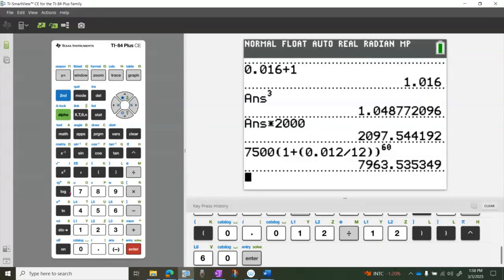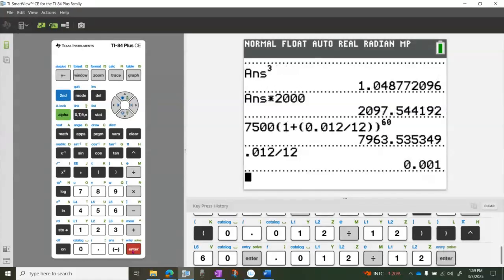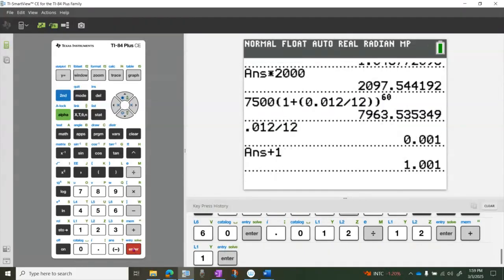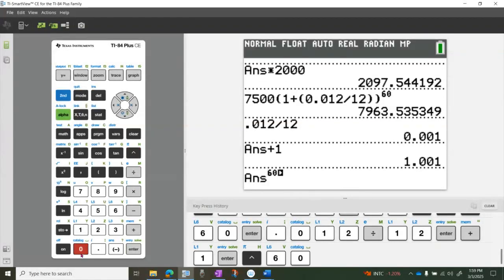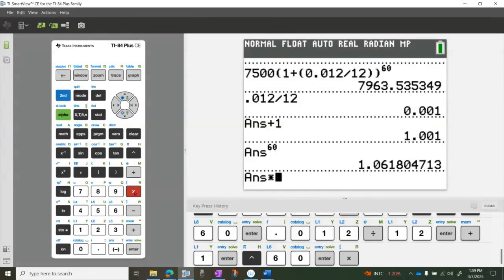Or what you can do is start from the compounding factor. Your annual interest rate is 0.012. Since the interest is compounded monthly, divide by 12, the monthly interest rate. Monthly interest rate plus 1 is the compounding factor. Raise the compounding factor to the power 60, and then multiply by your principal, 7,500.